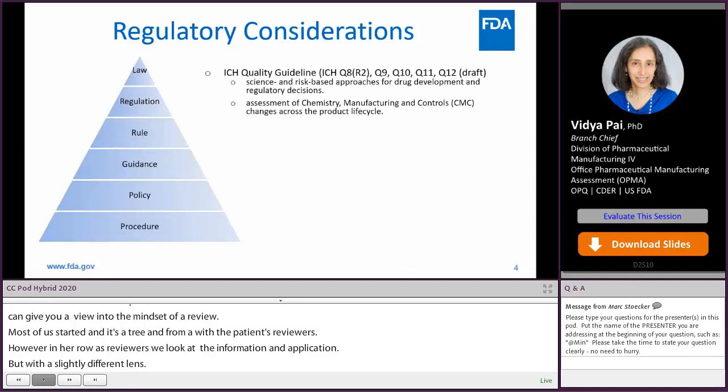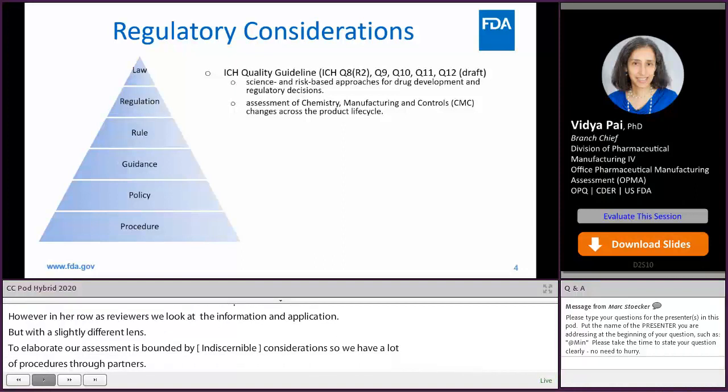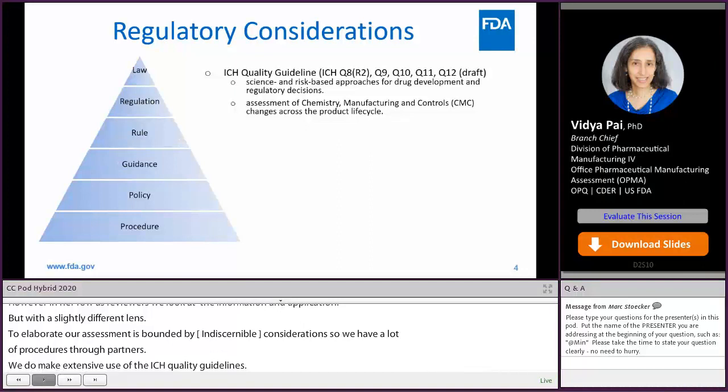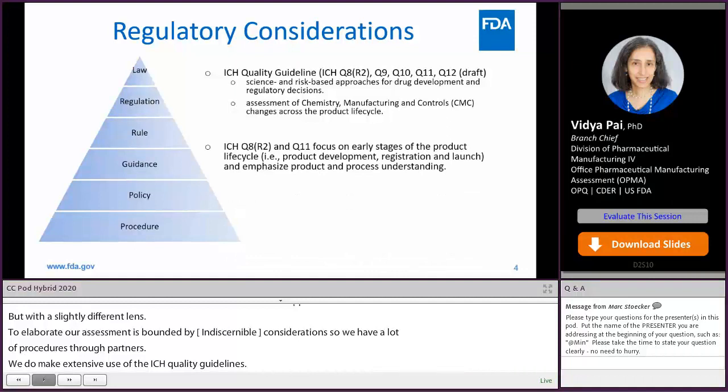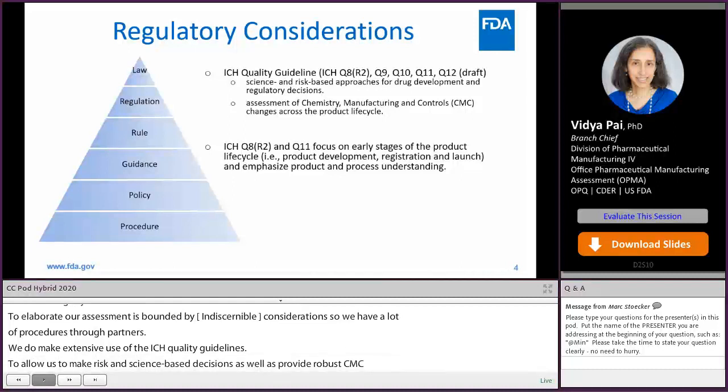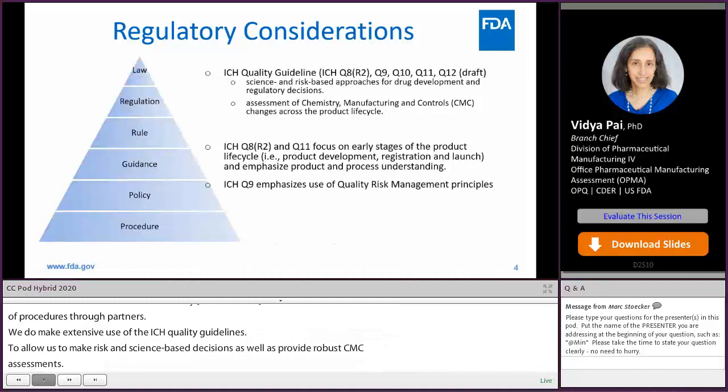Additionally, we do make extensive use of the ICH quality guidelines to allow us to make risk and science-based decisions, as well as provide robust CMC assessments. Just to refresh, ICH Q8 and Q11 focus on the early stages of product life cycle and emphasize product and process understanding.